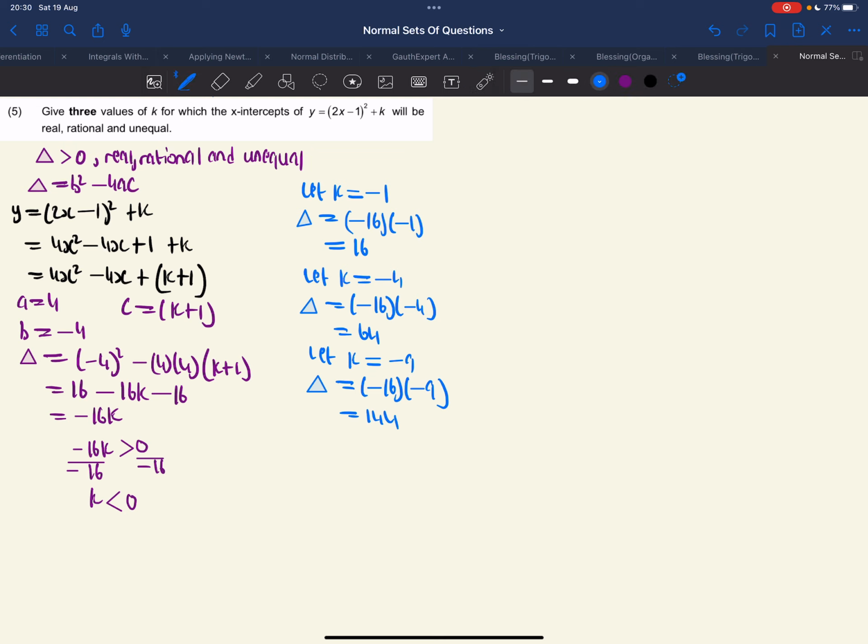But for this case, k equal to -1, k equal to -4, and k equal to -9 will work. And the other one we just tried, k equal to -1/4, also would have worked out. Okay, and that's how you would have found those numbers. Basically, this kind of method is trial and error. All right.